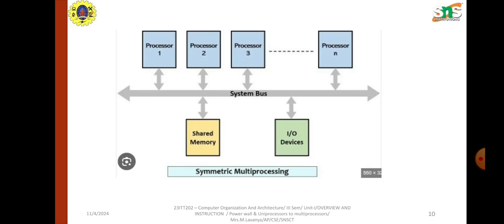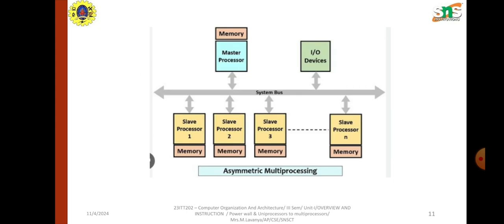Let us see the architectural diagram. This is the architectural diagram for a symmetric multiprocessing system. As I have said earlier, the n number of processors are connected to the system bus, and in this, the tasks are shared by all those n processors, and finally the output will be retrieved. Whereas this is the asymmetric multiprocessing system.